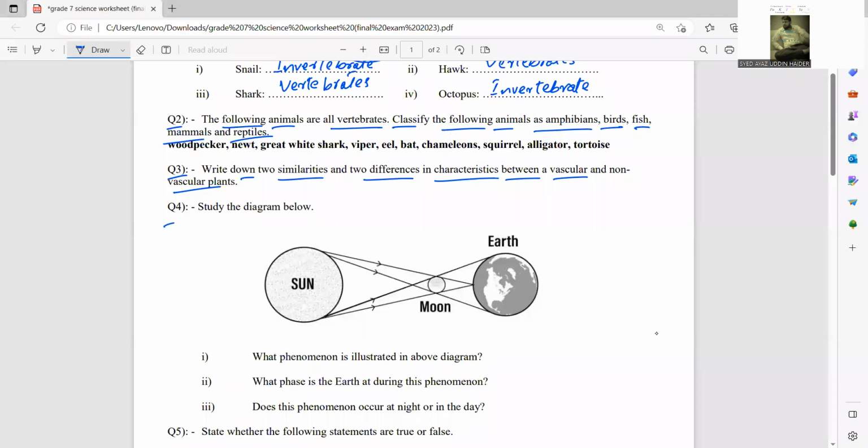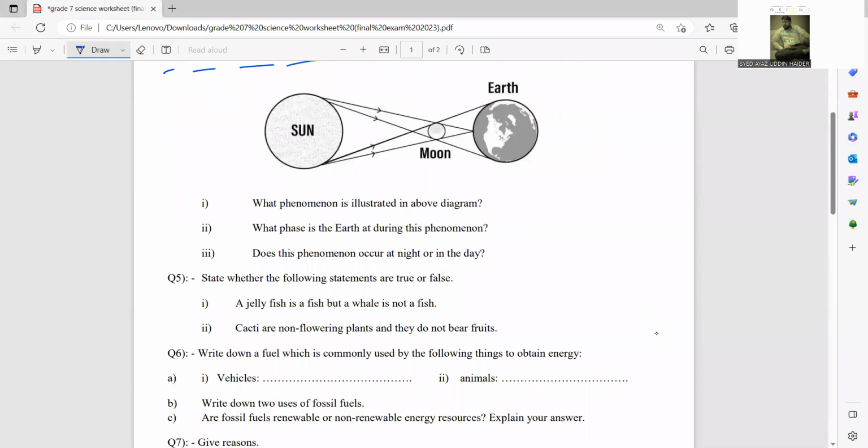Question number 4. Study the diagram below. You see the diagram? This is a diagram of solar eclipse because moon is in between earth and sun. So number 1, what phenomena is illustrated in above diagram? So you write solar eclipse.